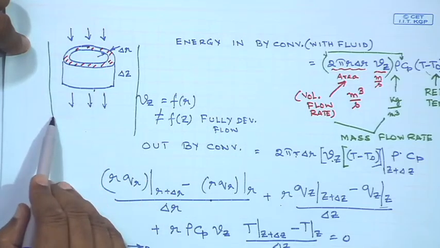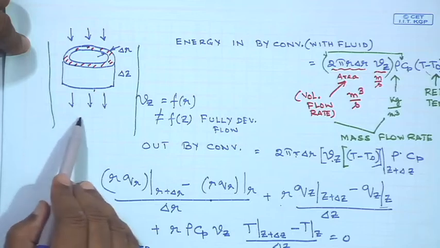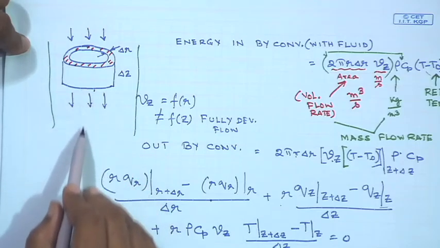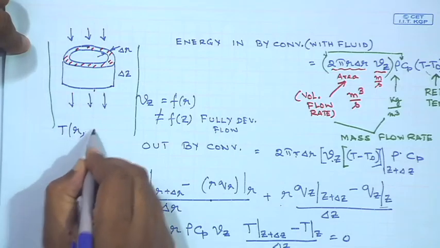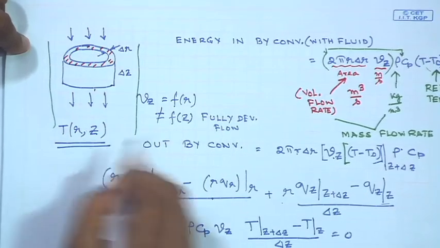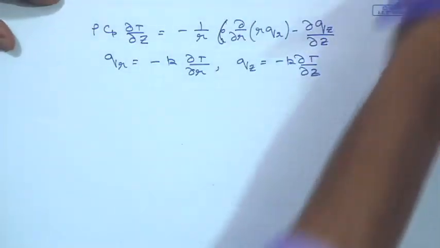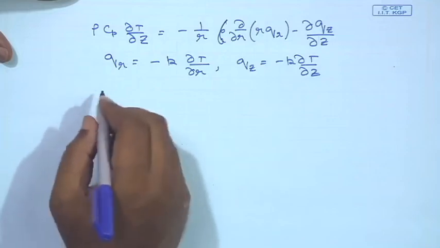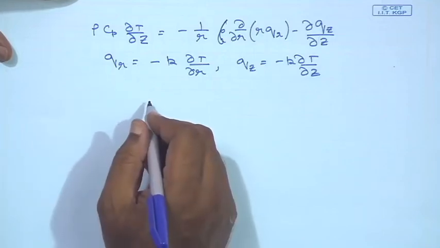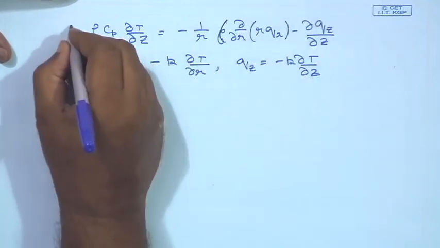As I move closer to the wall, since the walls are heated, the temperature will be more. So, T is a function of both r and z. This is something we have to keep in mind, and therefore I write this equation, put the Fourier's law in here. I am sorry, I missed a Vz in here.